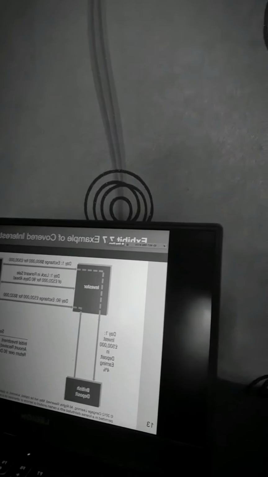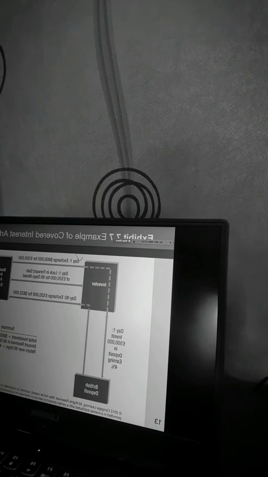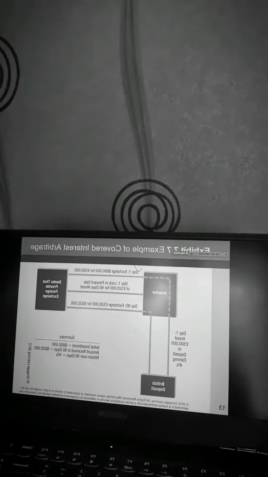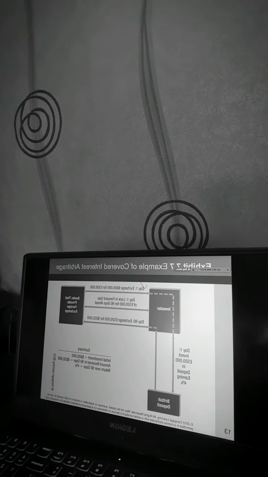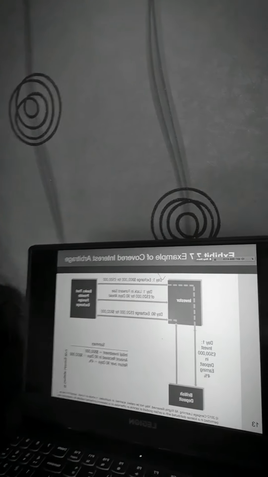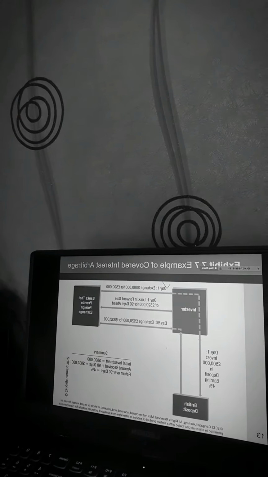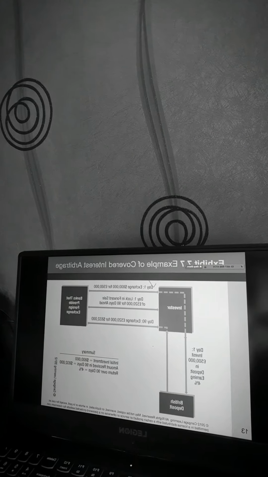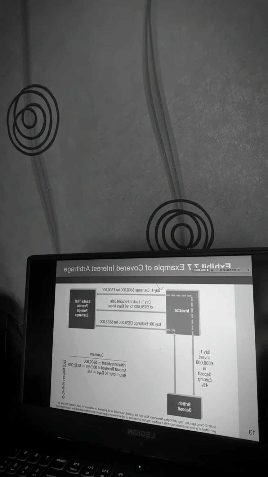The covered interest arbitrage will show you day one. We call this day one here. When day one happens, we have an exchange of $900,000 for 500,000 pounds sterling.